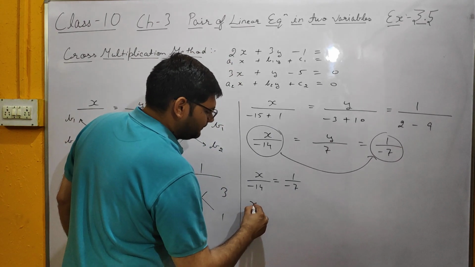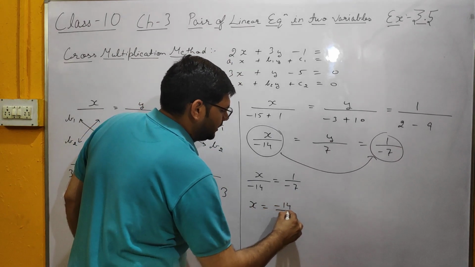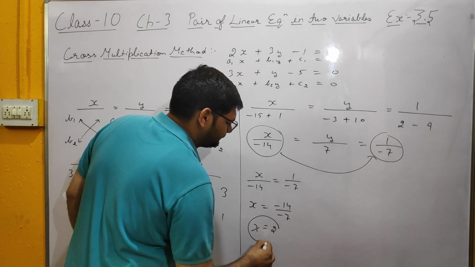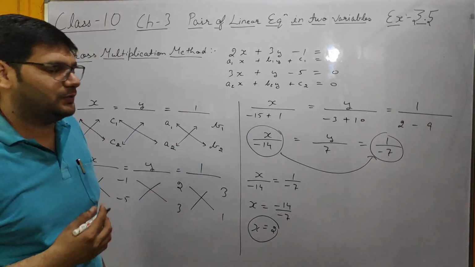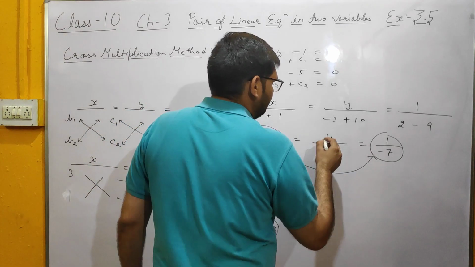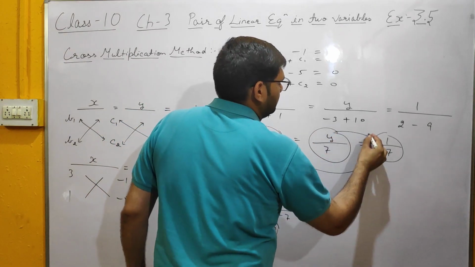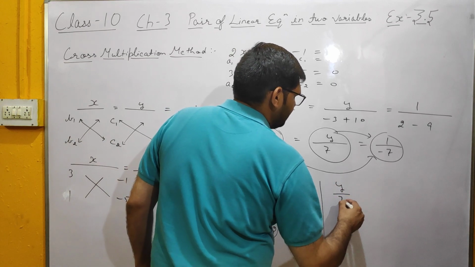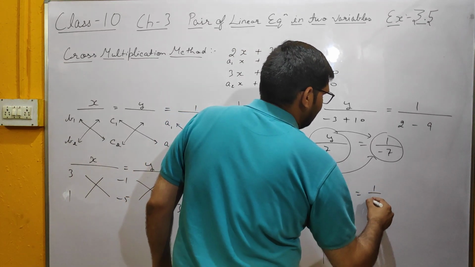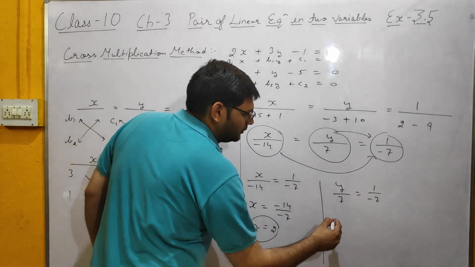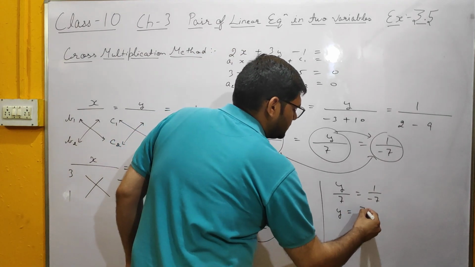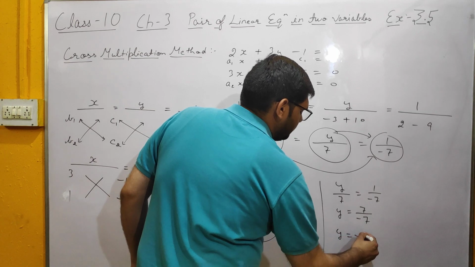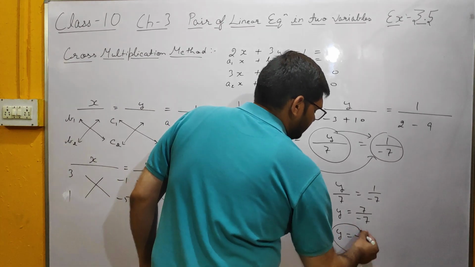Cross multiply, x equals minus 14 upon minus 7, so x equals 2. The value of x is 2. Similarly, we will equate this also. So y by 7 equals 1 by minus 7. Now cross multiply, y equals 7 upon minus 7. So y equals minus 1. This is the value of y.